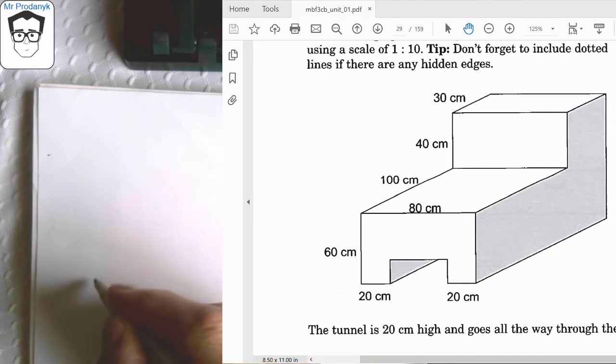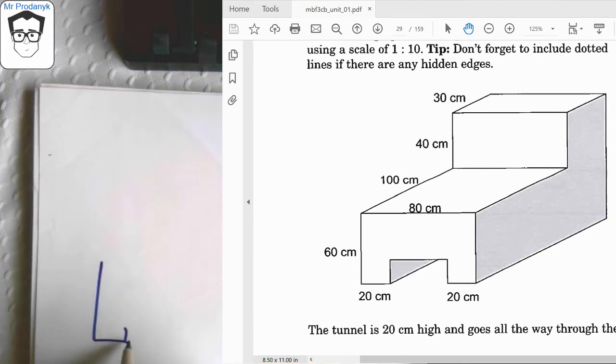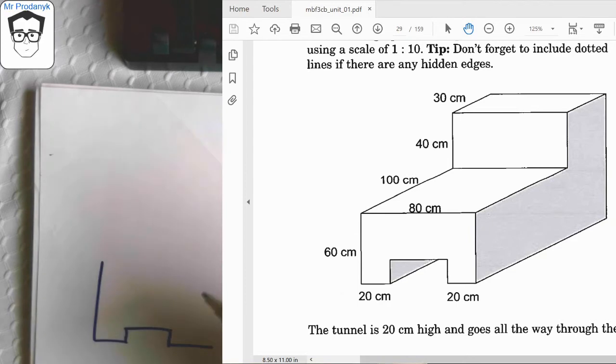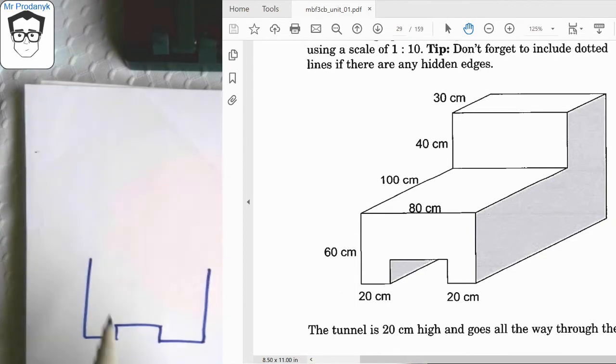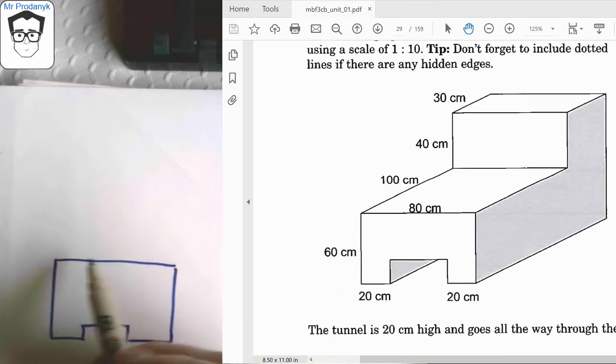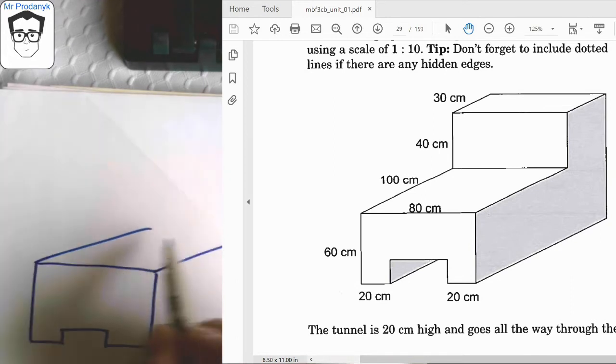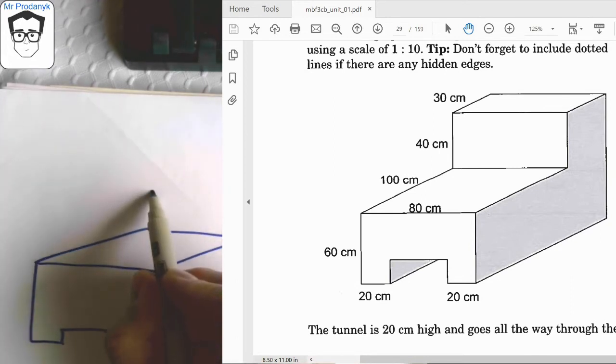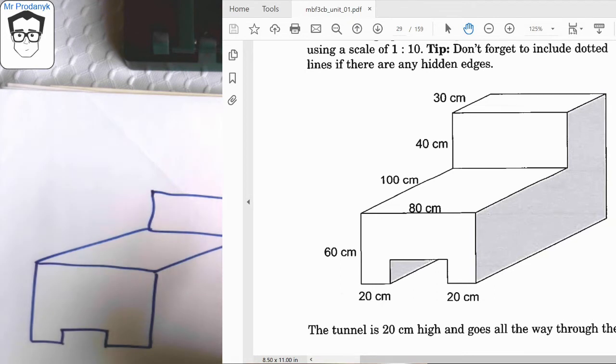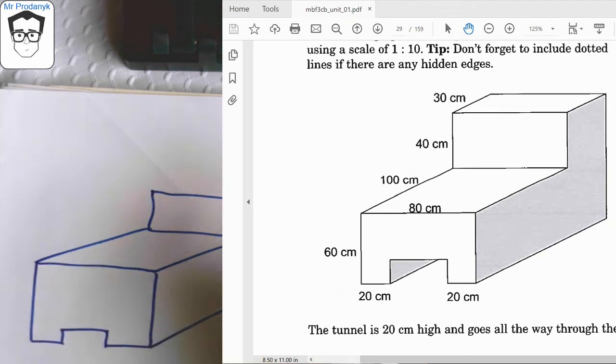So I'm just going to do a quick little sketch here, just so I've got something to work with. Okay, this doesn't have to be too exact, too fancy. This is just going to be my rough work first, so that I can figure out all of the dimensions that I need.